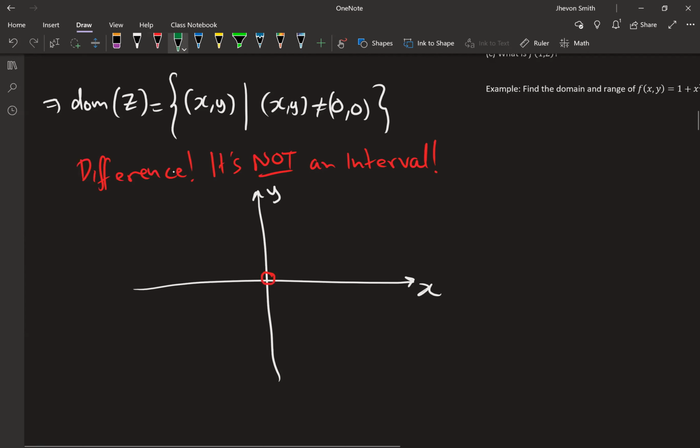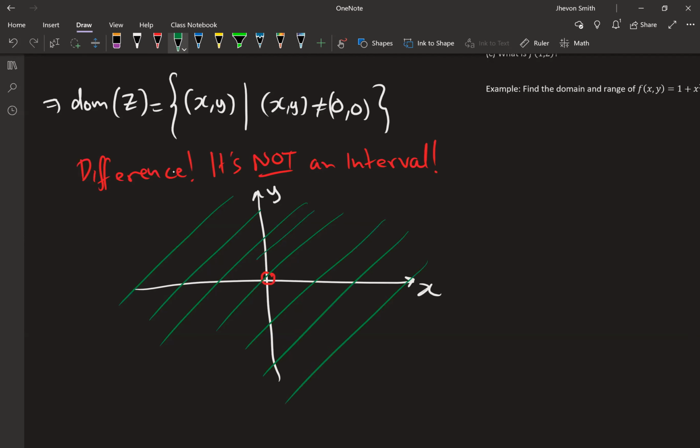At any other point other than the origin, I can plug in any point in this region and they're all fine, except (0, 0).